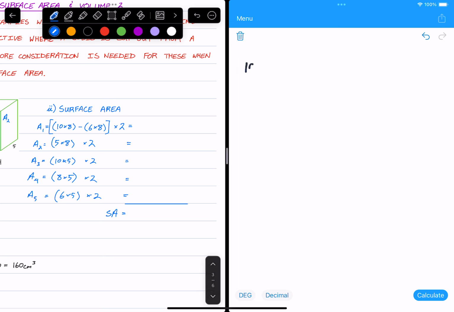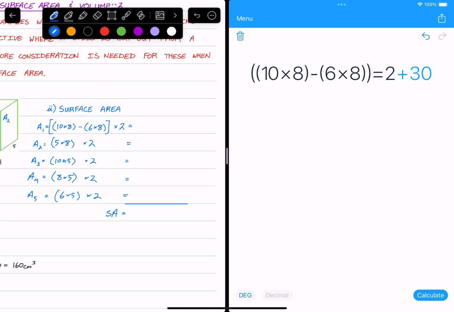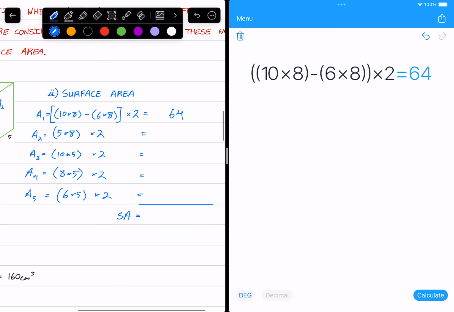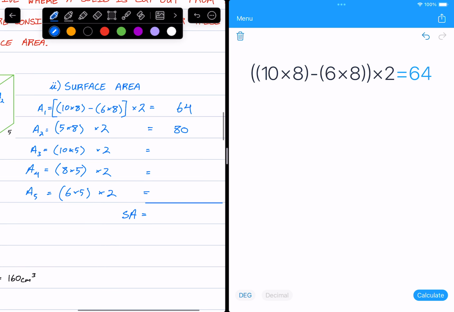It's going to be 10 by 8 minus 6 by 8, all of this, times 2. There's the first, times 2. That gives us 64. And the remaining I can easily calculate here. It's going to be 40 times 2, which is 80.